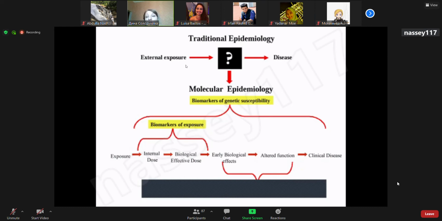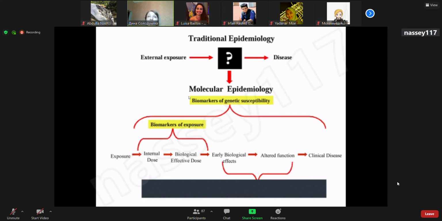If traditional epidemiology studies external exposures and diseases, this new one is aimed at detecting biomarkers of genetic susceptibility or some genetic markers of a disease.